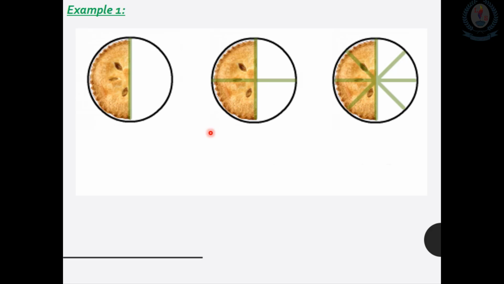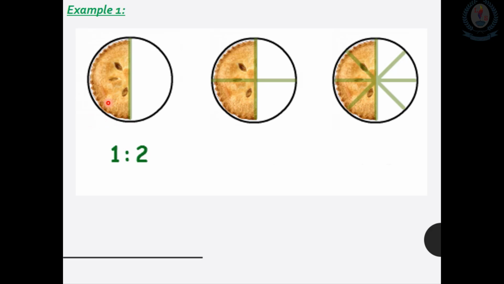Then, from the first picture, if I ask you the ratio of the number of pieces left to the total number of pieces of this cake, can you tell me the way of writing the answer? Yes, it's 1 to 2. 1 piece is remained out of 2 pieces.